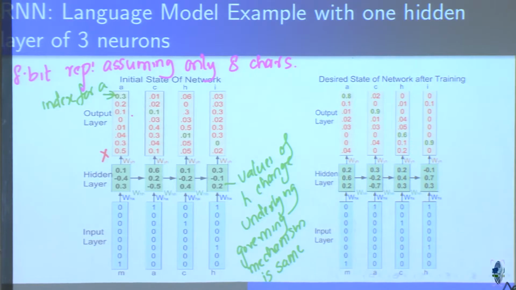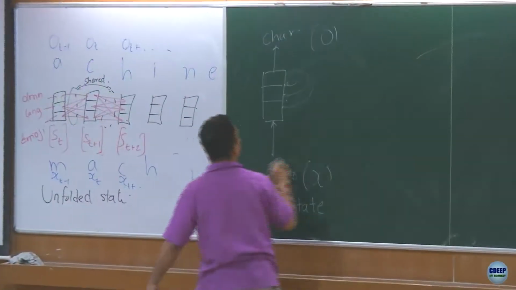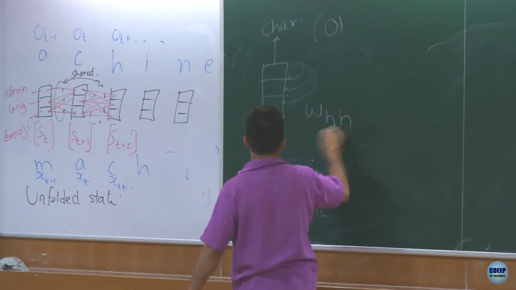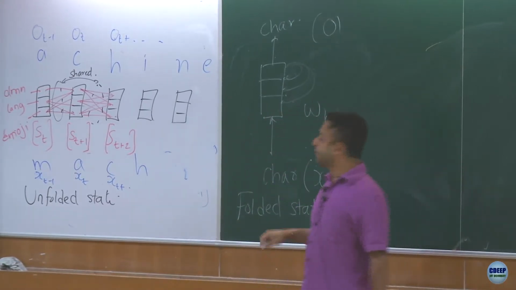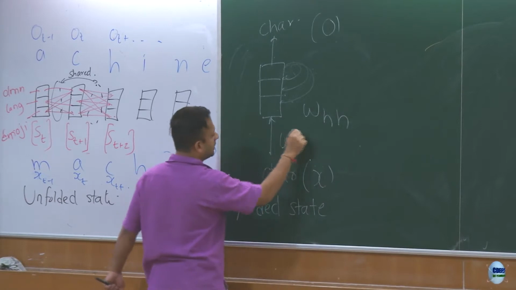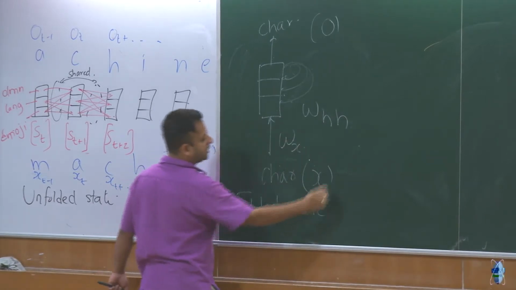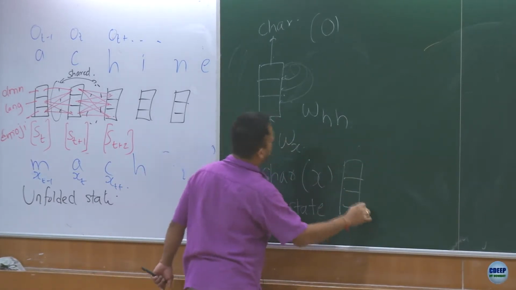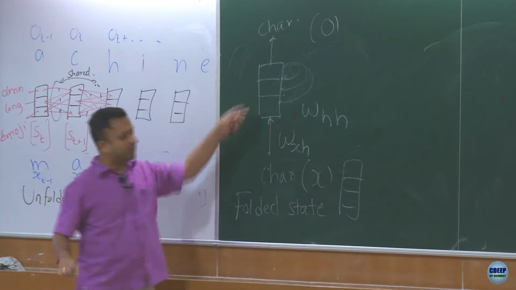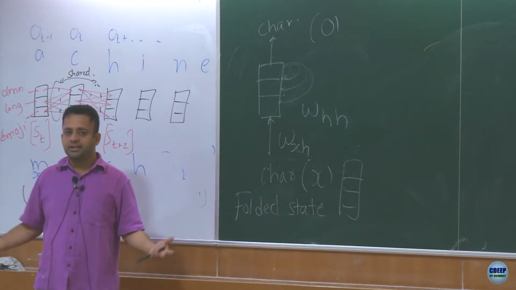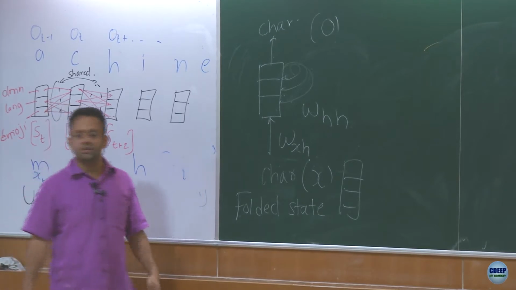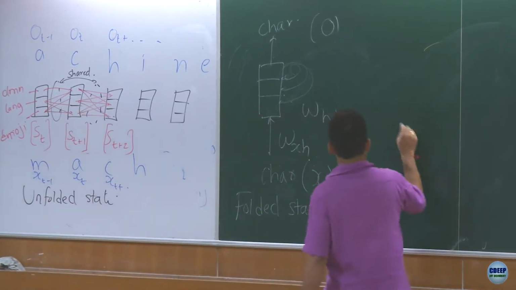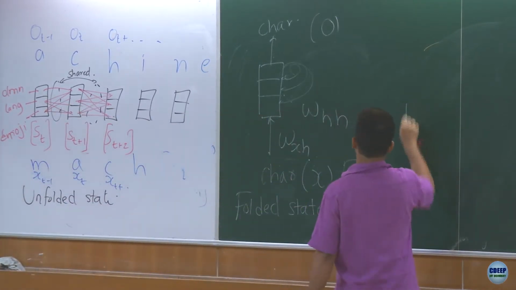Now what are the other parameters governing this interaction? We said we have these weights between the hidden states, we call them WHH. We also have weights between the input character represented in one-hot and the hidden state, again a multi-valued vector. So what would this WXH look like?